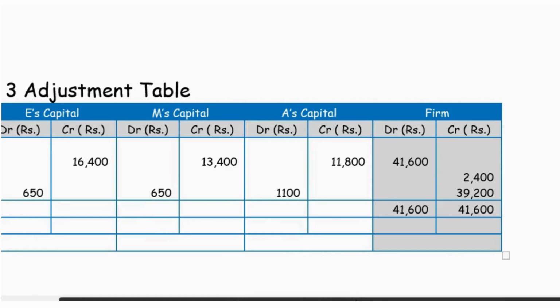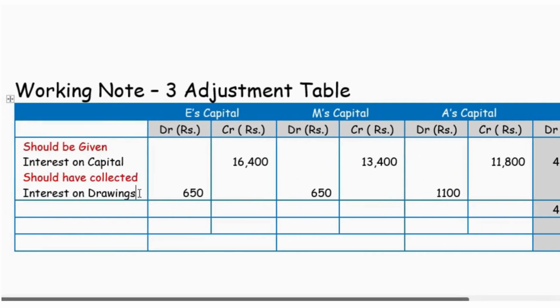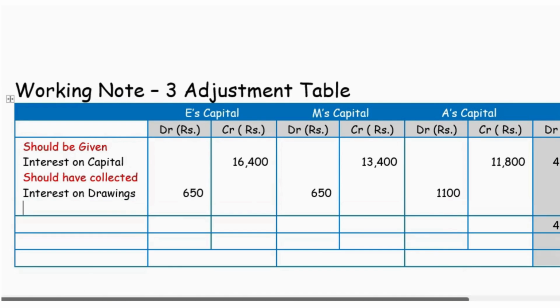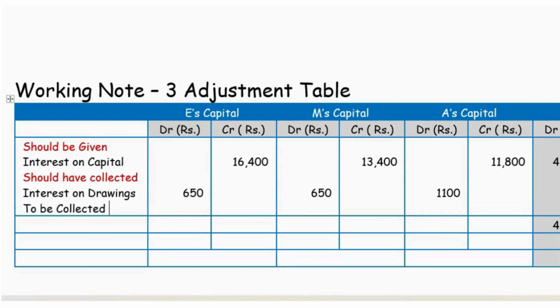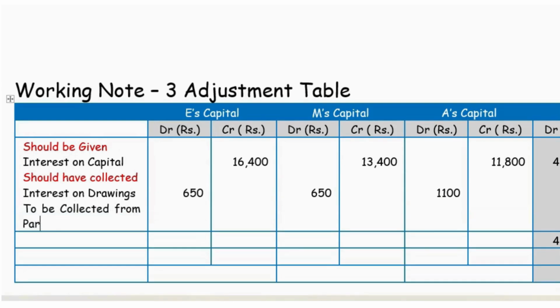That is, it has to be collected from the partners in the ratio of 2:1:1. What amount?